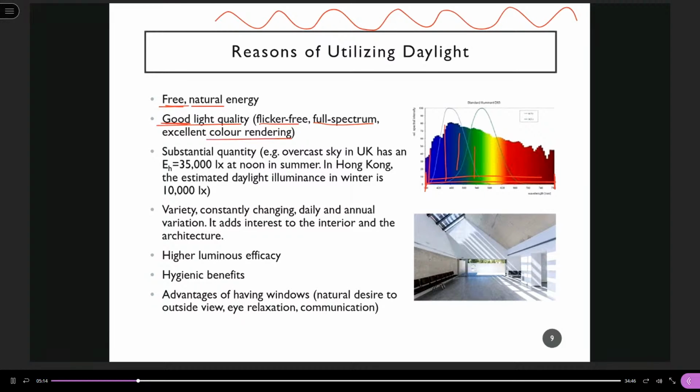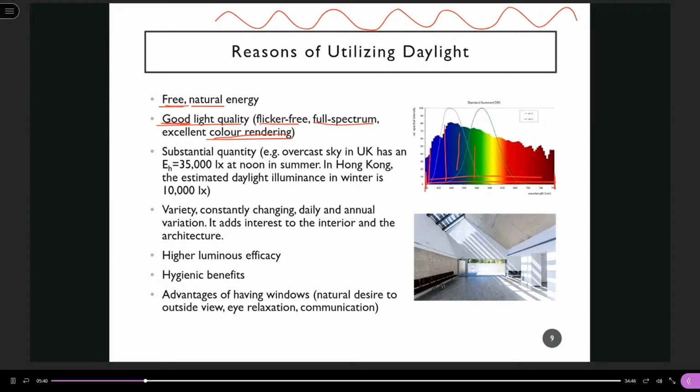Color rendering means to represent or to reflect the color of an object. So an apple is red and orange is orange. Under daylight, we see the true color of the object. But sometimes, like at night, when you are driving on the road, the lighting could be very yellowish.